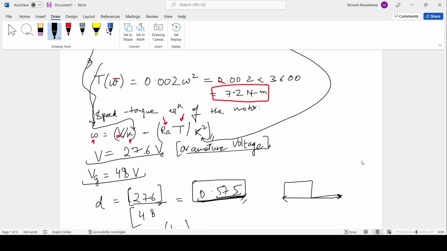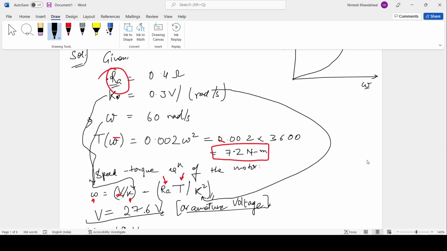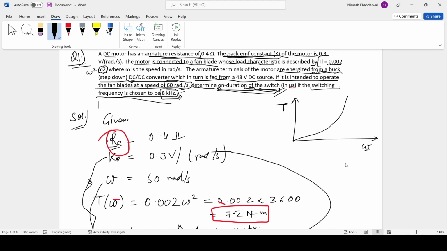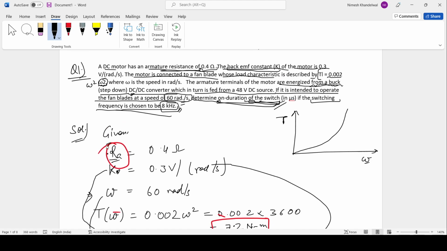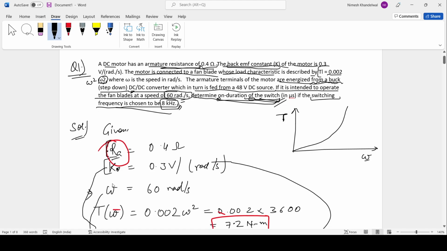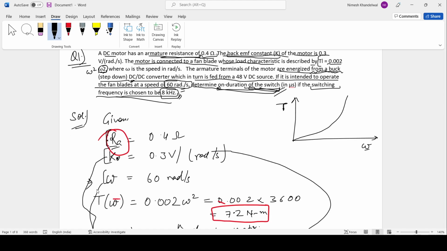I'll just walk you through again what we did in this question. We had been given some characteristics of the motor, like the armature resistance, the back EMF constant, and the operating speed, and we have been given the load torque characteristics of the motor.